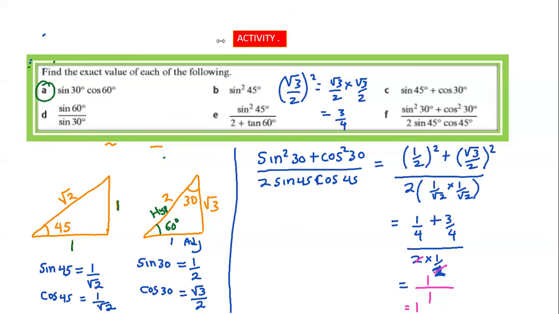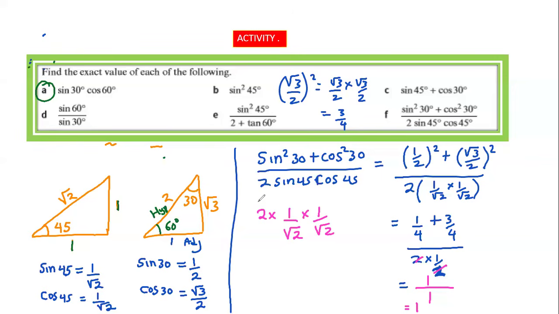Teacher, on my 2 sine 45 degrees, when I got the opposite over hypotenuse for sine 45 degrees, then I multiplied the 1 over root 2 by the other. Did you do it times like this, Daniela?